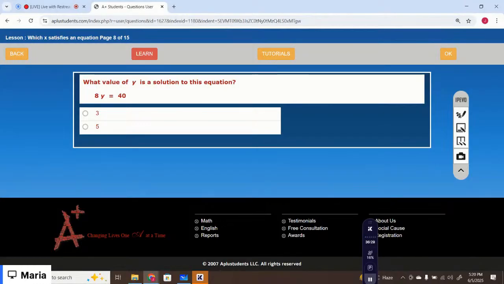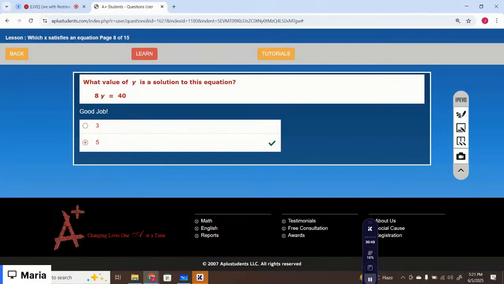So which is the correct option? That is 8 times 5 is 40. Option number 2 is the correct option.